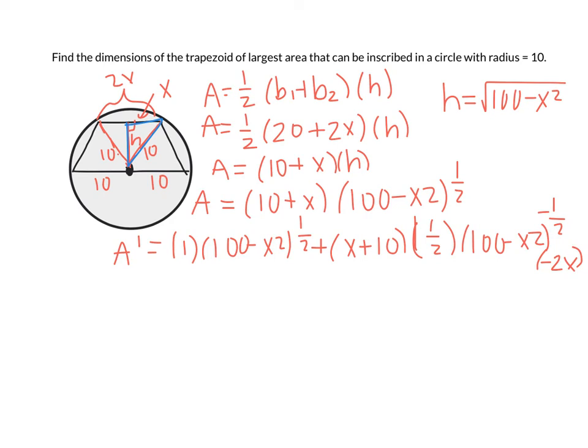You could kind of clean that up, but it doesn't really matter. So if you just set that equal to 0, I'm sort of running out of space here, but yeah, set that whole thing equal to 0, simplifying as you go.